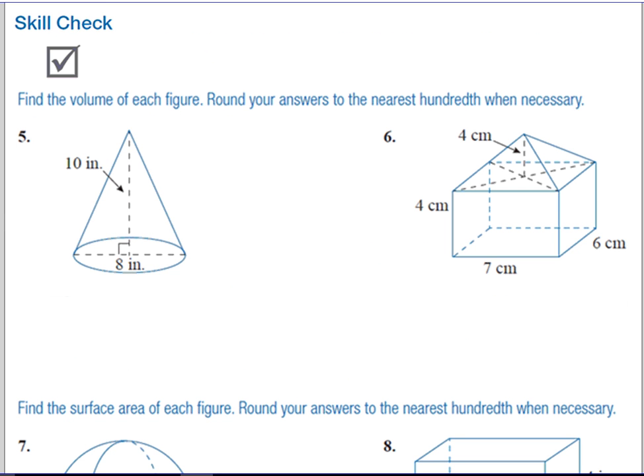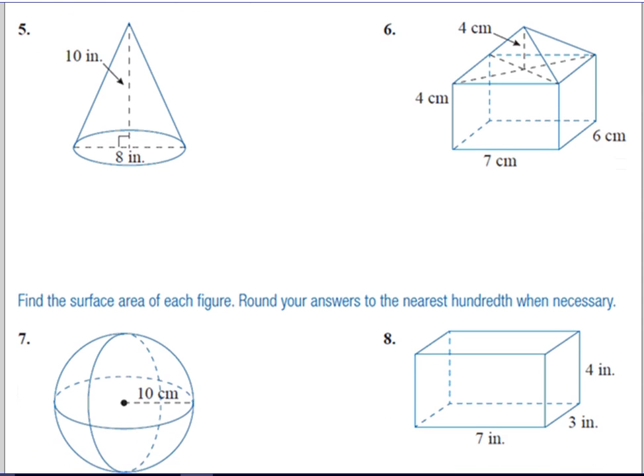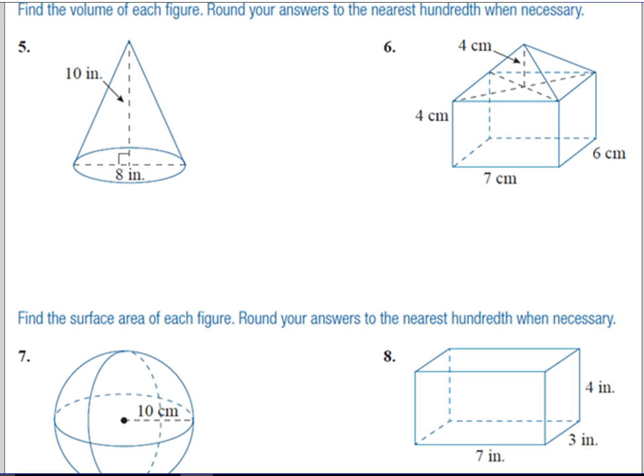Okay, so here's some problems for you to work through to get to those practice problems using the formulas. Notice for number 6, we have a compound shape. We have a pyramid on top of a rectangular box there. So the length and the width of your pyramid is the same as the length and the width underneath of that rectangular solid. And then you're finding the volume for both of those.